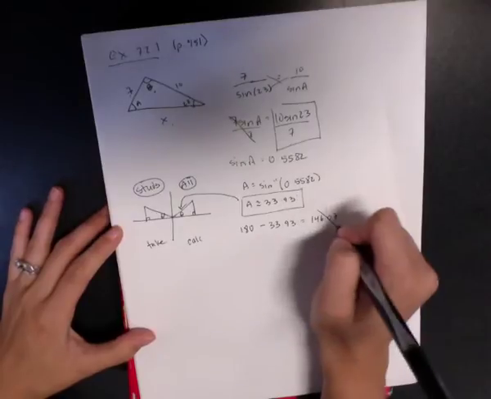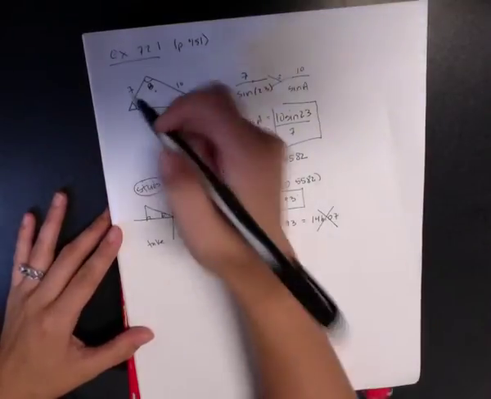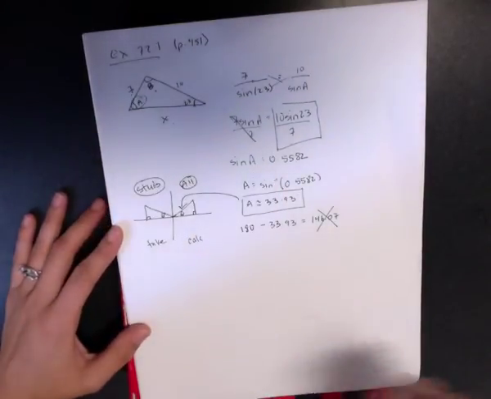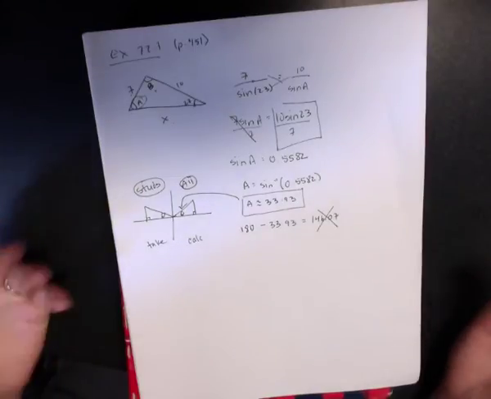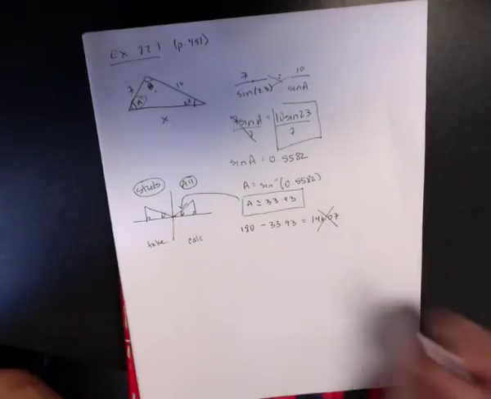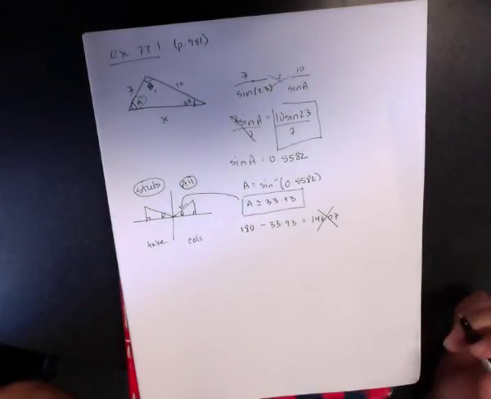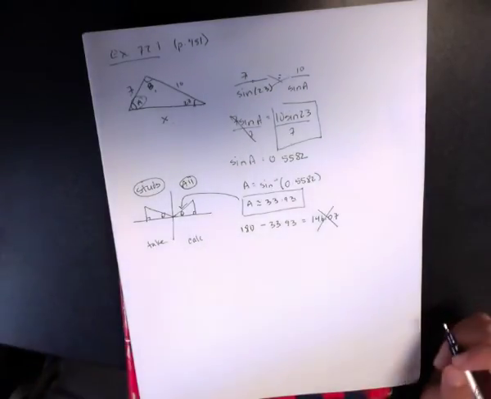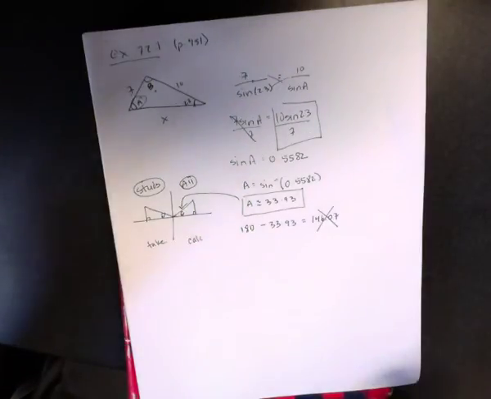It is not possible for me to have 146 because angle A up here is an acute angle, meaning it is less than 90. And so I cannot have something that is greater than 90. That wouldn't work. So make sure you're paying attention to that ambiguous case.